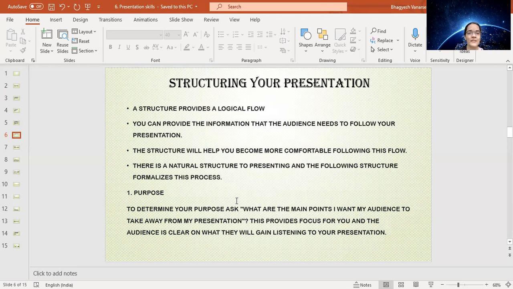So the first point under this is purpose. Now what is the purpose? To determine your purpose, why I am making the presentation, the very first point that comes in is what are the main points I want my audience to take away from my presentation. In previous modules also, we have seen that each presentation, each MOOC, had a purpose.